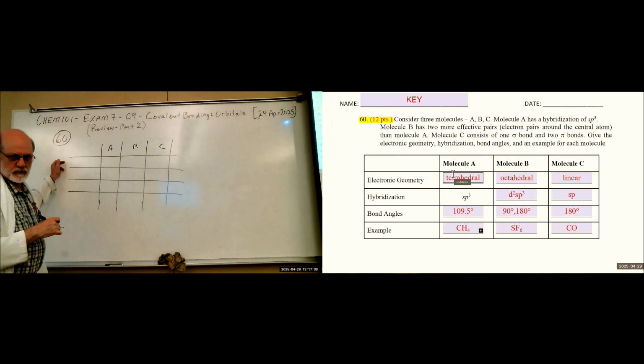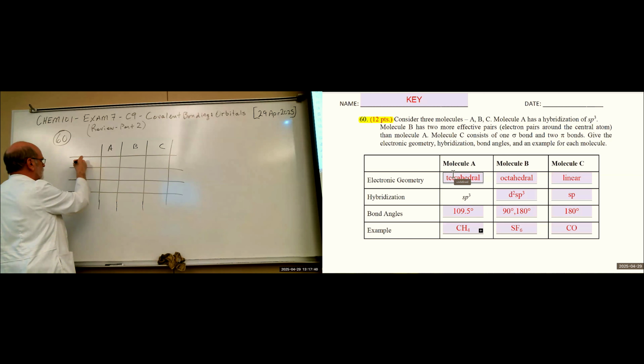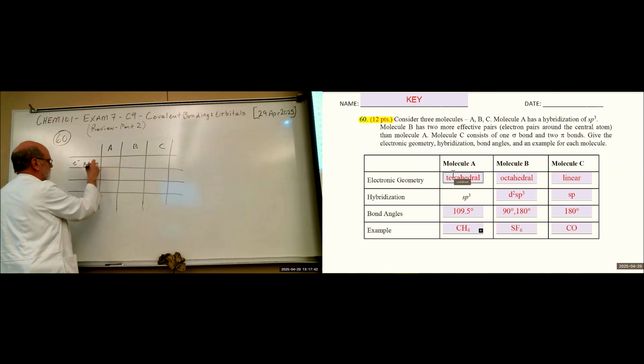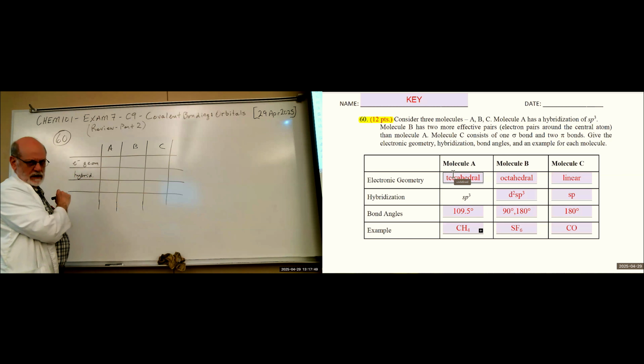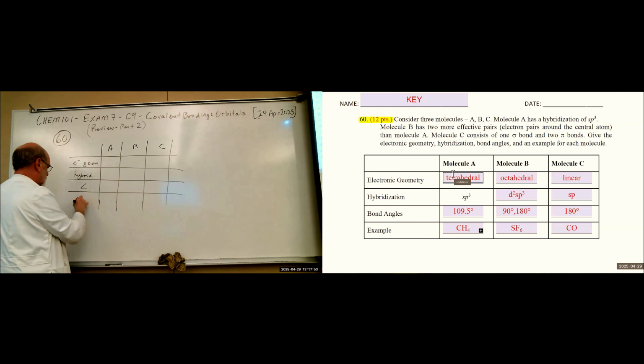Okay. So the first one is electronic geometry. Then hybridization. And then bond angles. And examples.